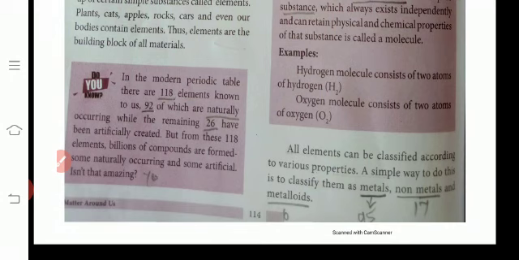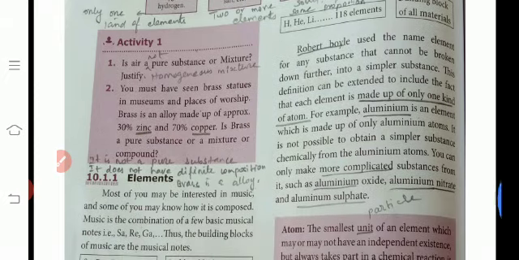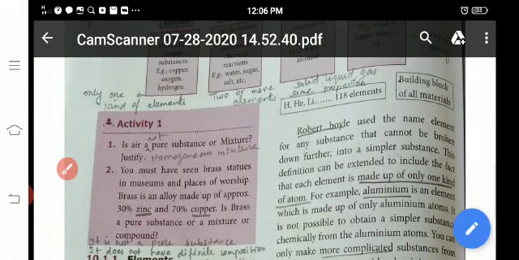Isn't that amazing? Hydrogen, helium, lithium, all 118 elements are the building blocks of all materials. Robert Boyle used the name element for any substance that cannot be broken down further into a simpler substance.